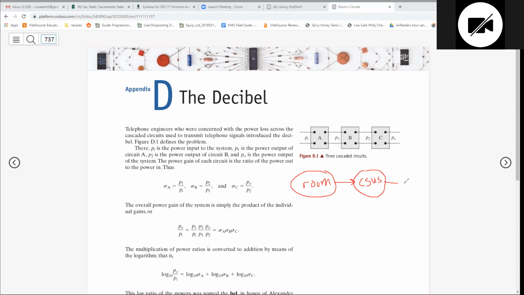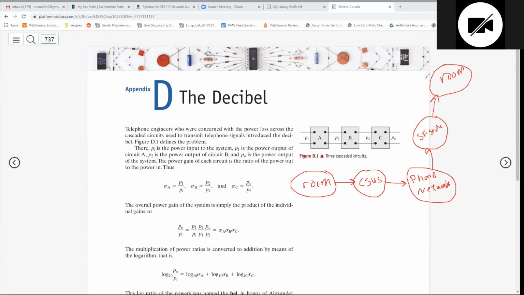Then this would get routed outside to the phone network. Then the phone network would get routed to San Francisco State. And then that's going to get routed to the other room over there, okay?